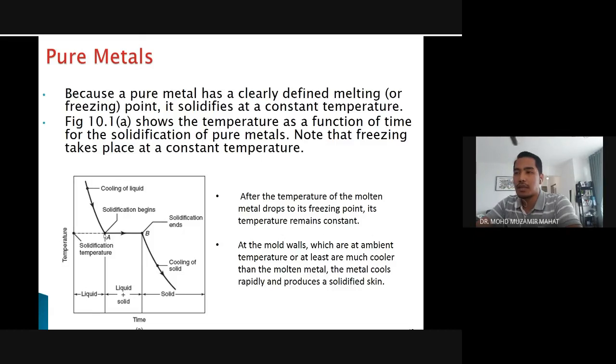As I said, it remains constant from A to B. During this event, at the mold wall, which is at ambient temperature, or at least much cooler than the molten metal, the metal cools rapidly and produces a solidified skin.